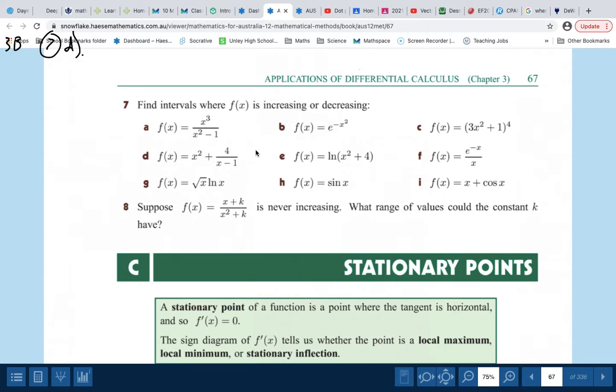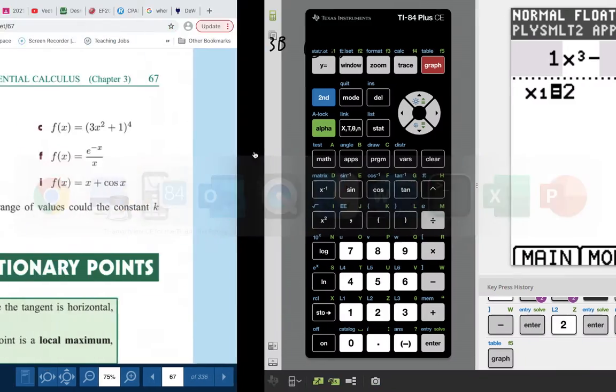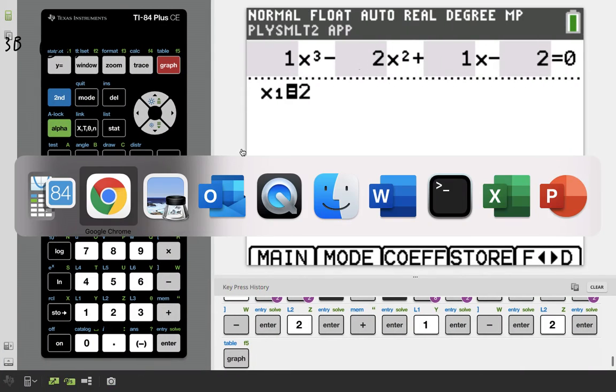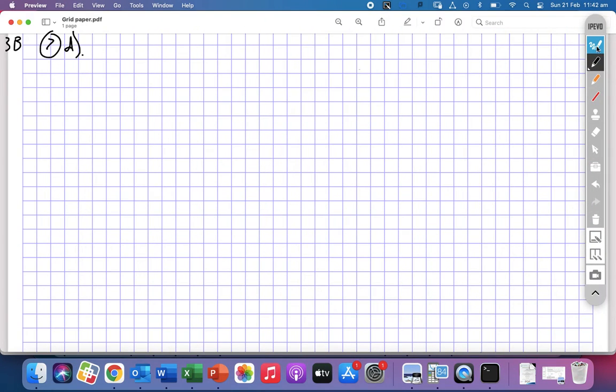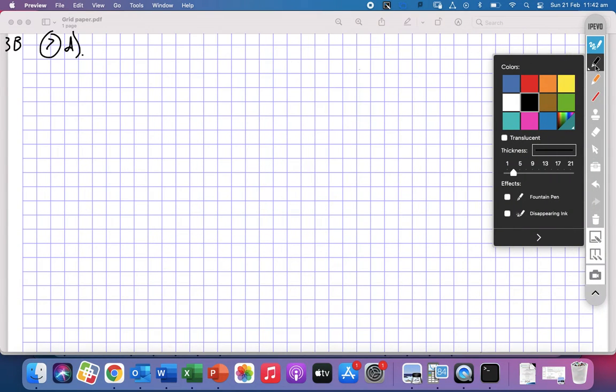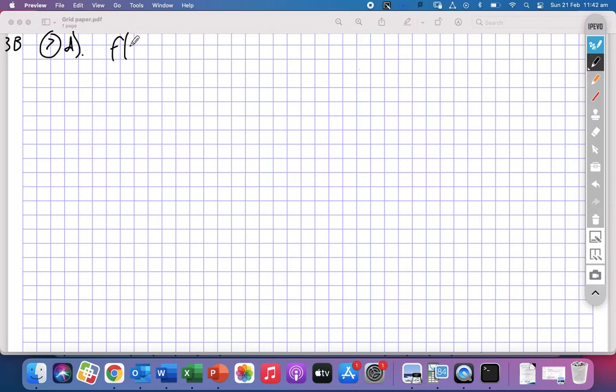X squared plus 4 on x minus 1. You can do it from memory. X squared plus 4 on x minus 1.